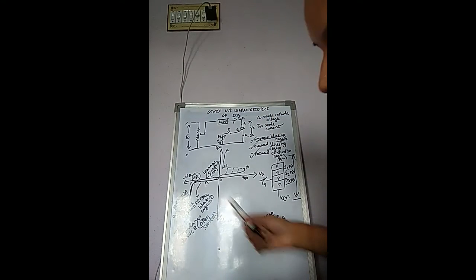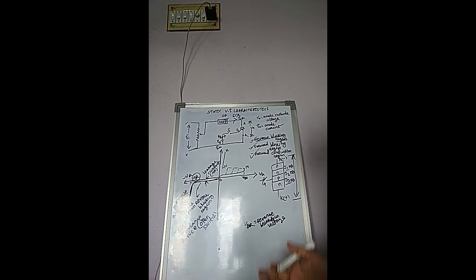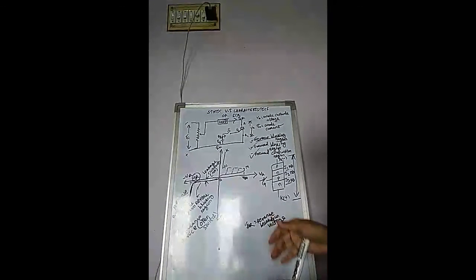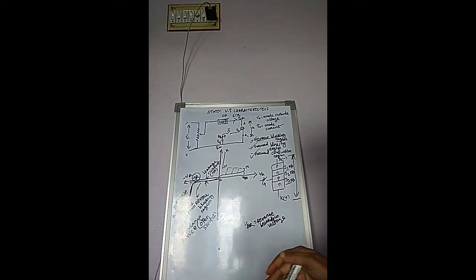Why did I term it an open switch? Because a thyristor is used only as a switch in the power circuit, that is the main conversion circuit. So what is the role of the SCR? It only operates as an open switch and a closed switch.